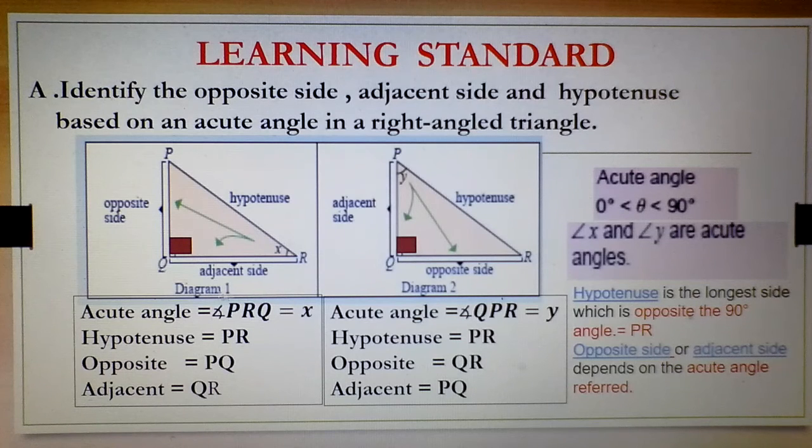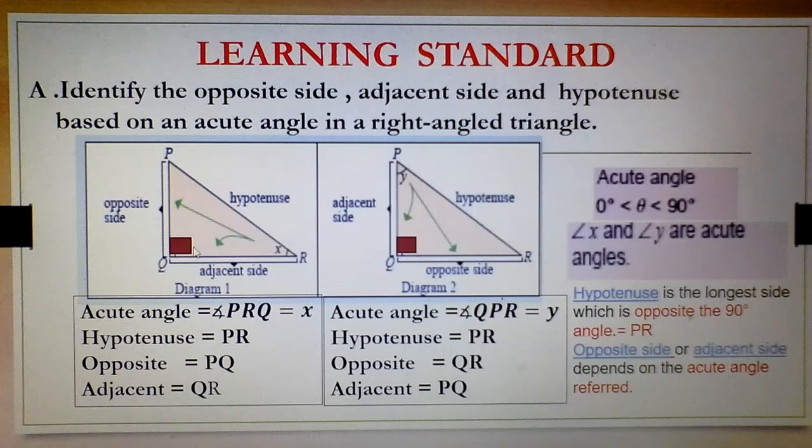So for the first diagram, the acute angle we use is angle PRQ, and we label it as X. For this acute angle X, the hypotenuse is always the longest side and opposite to 90 degrees. That one is very easy to identify.